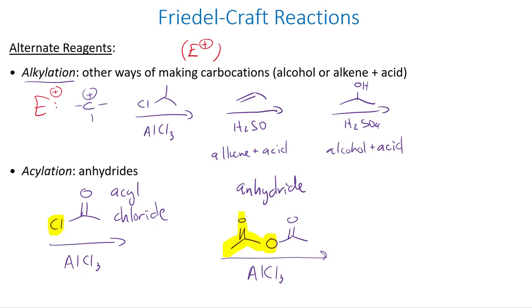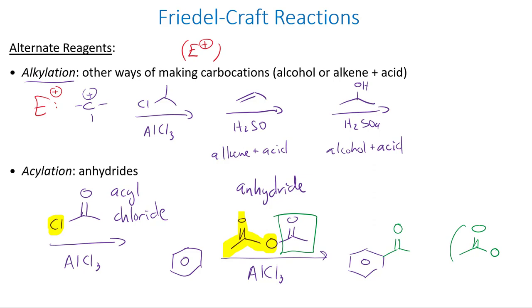Right? So if we did an acylation using acetic anhydride, what we want to do is take one side of our anhydride without the oxygen. That adds to the ring. And then we end up with the other side as a byproduct, typically as the carboxylate or carboxylic acid.